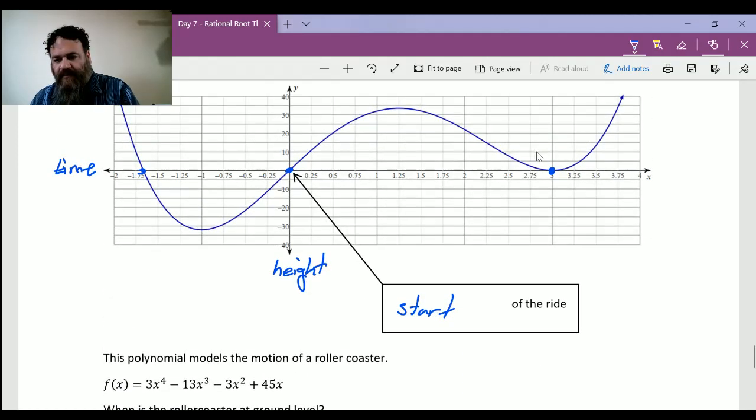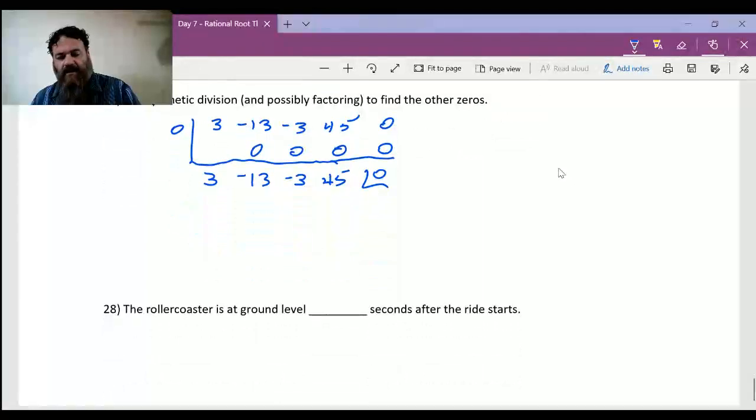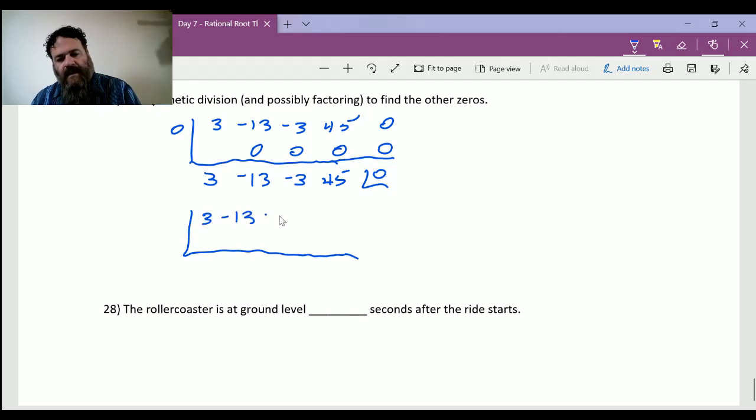Look at the graph. This number right here, that's 3. So we can tell just by looking at the graph that 3 is going to be another one that works. Bring down the 3. That's a 9. Plus 13, that'll be -4. Multiply, you've got -12.